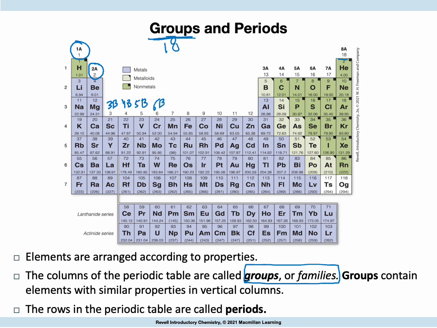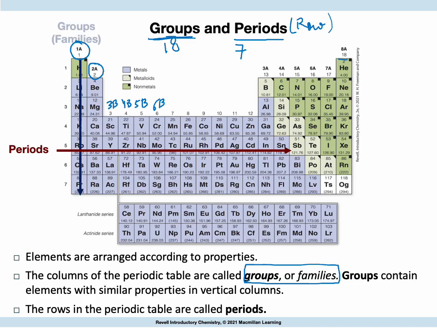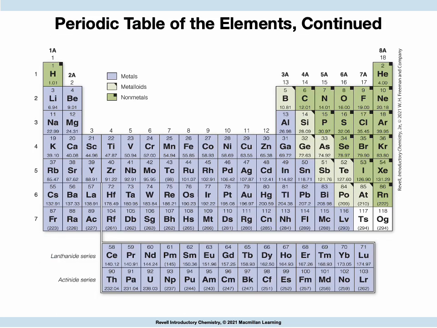This is how we divide the columns. The rows are called the periods. There are 7 periods in the periodic table, which is the arrangement of elements in different rows. Again, these are the groups, columns.